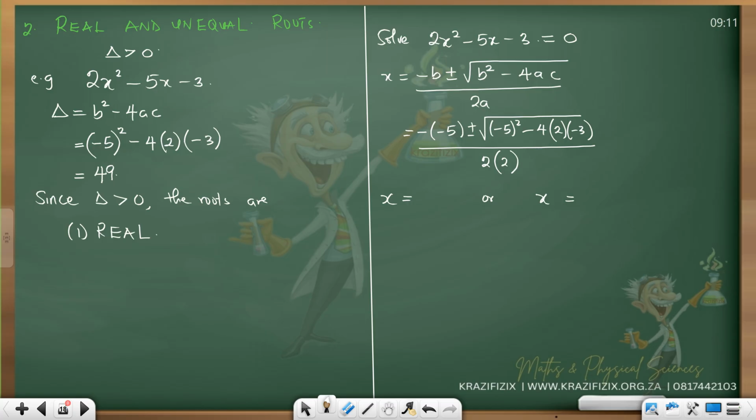Using the positive, we have a 3. Can somebody also assist? Use the negative. Come on, guys. We have so many people in class. I'm only having one person responding.